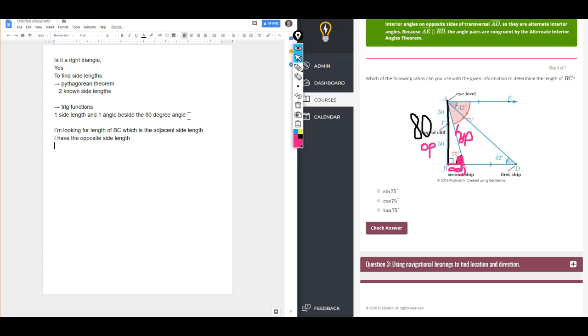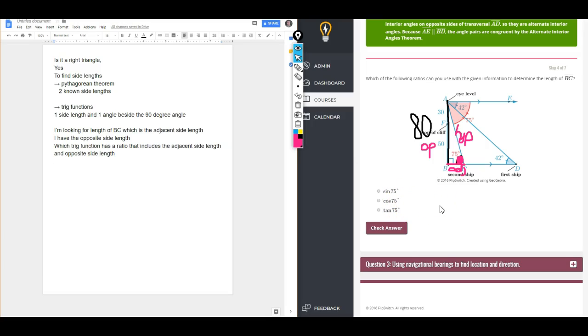So then the next question I ask myself is, which trig function has a ratio that includes the adjacent side length, which is what we're looking for, and the opposite side length, because that's what we have? So when we talk about that, is it sine, cosine, or tangent?